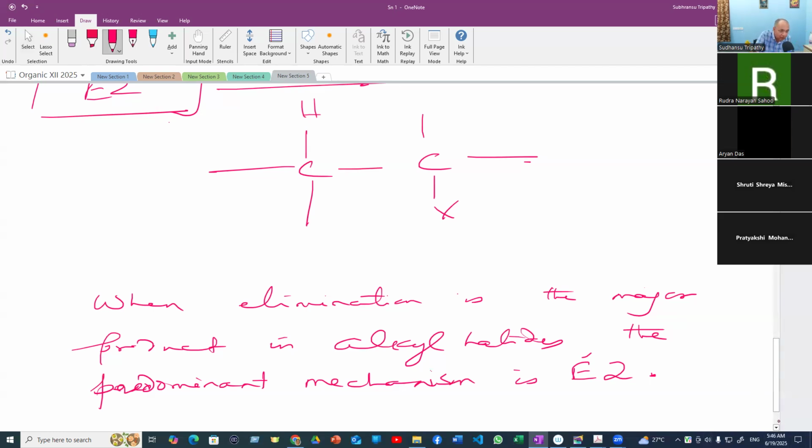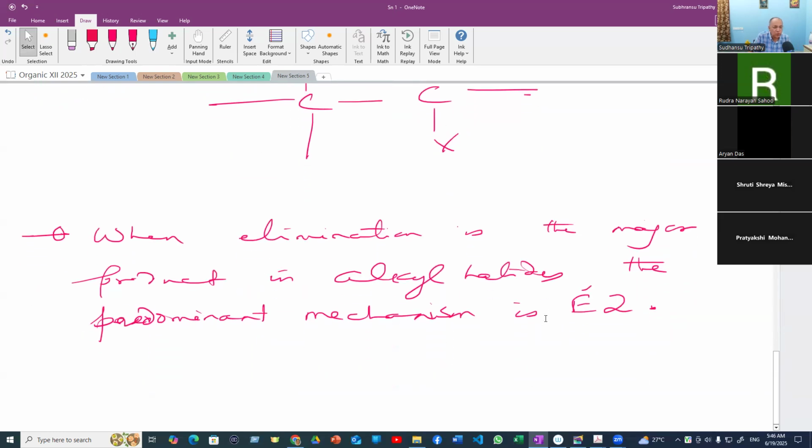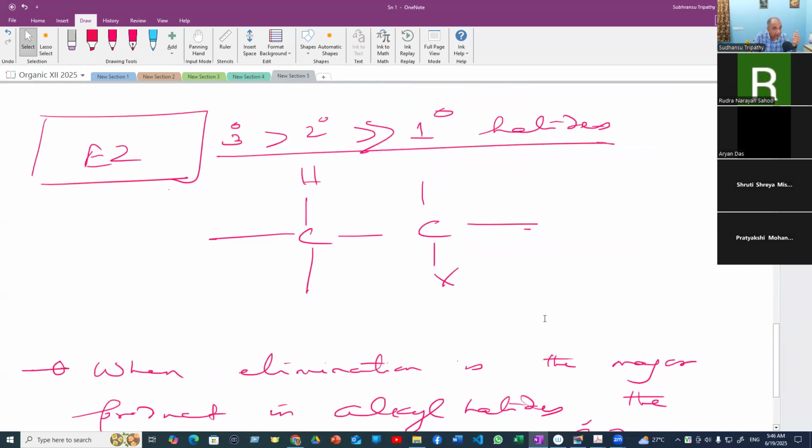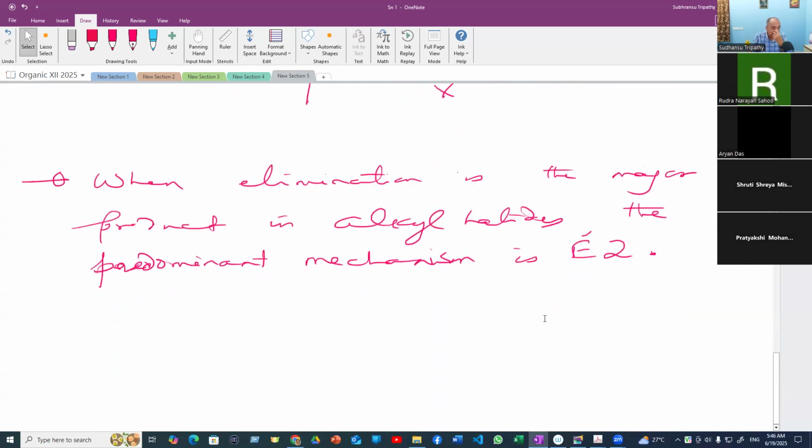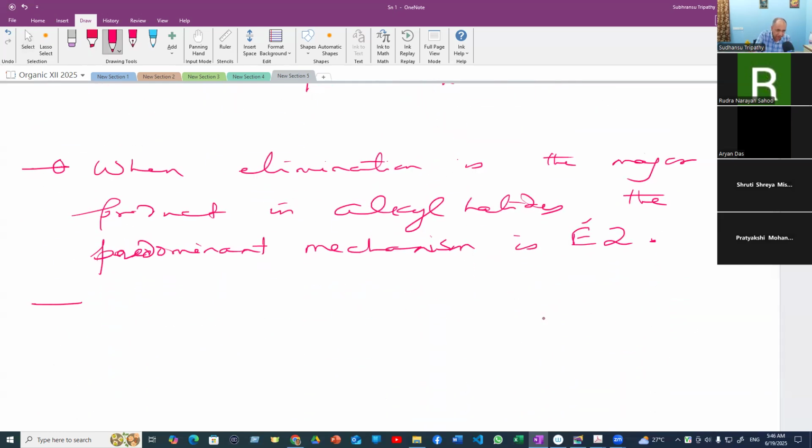I've categorically written, when elimination is the major product in alkyl halides, the predominant mechanism is E2. And I will write another powerful sentence in E1 later.